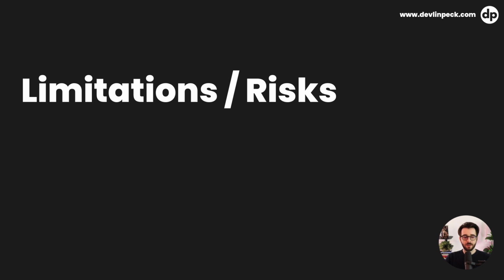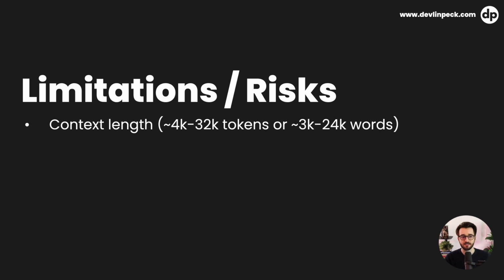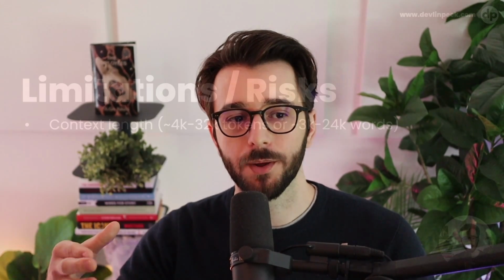All right, so you've heard me mentioning these limitations and risks quite a bit now. Let's get into them. So if you've been looking into ChatGPT much, you might have heard of the context length or the context window of these different models. And what it means is essentially how many words the model can handle in any given request, right?